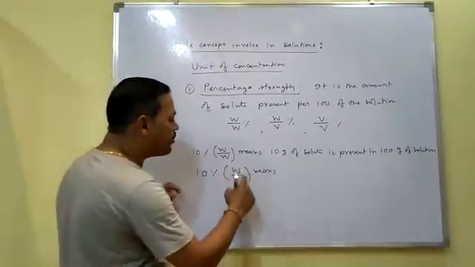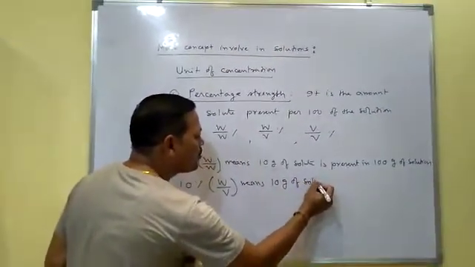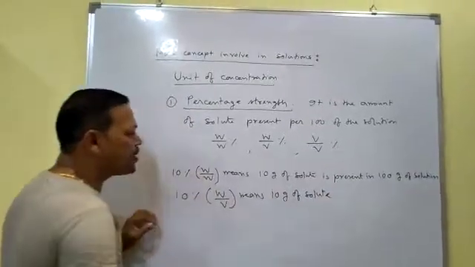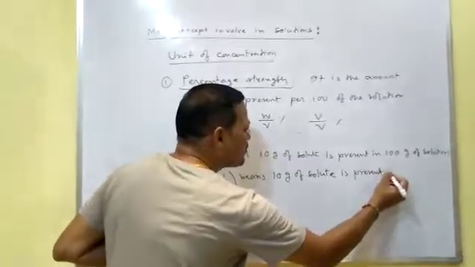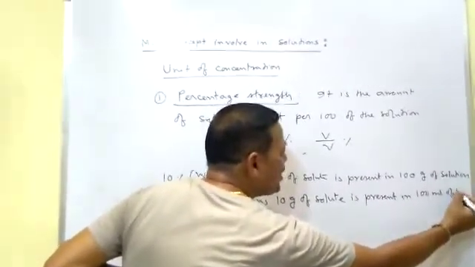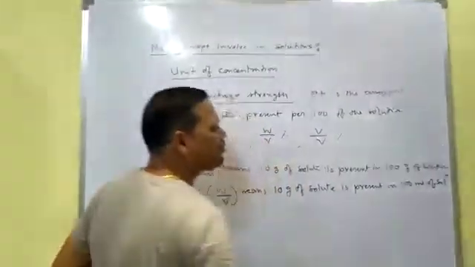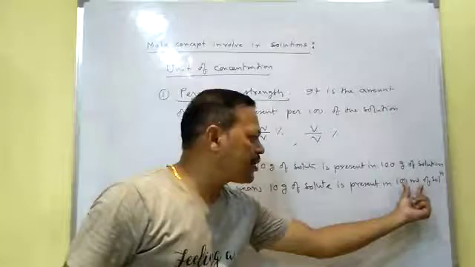So 10% W by V means 10 gram of solute, expressed in terms of mass, is present in 100 ml of solution, 100 milliliter of solution. One I have expressed in mass, another I have expressed in volume.